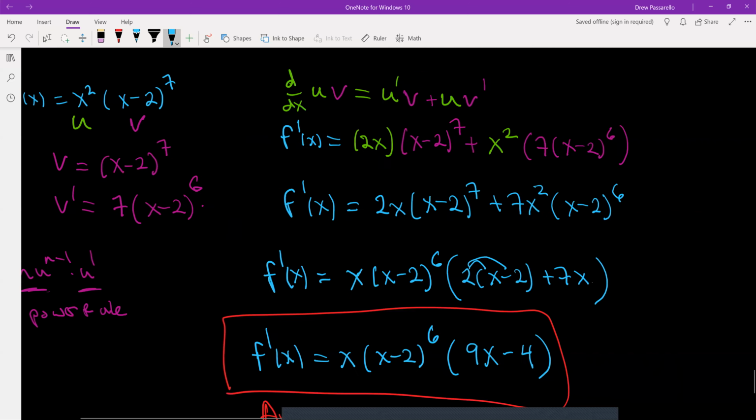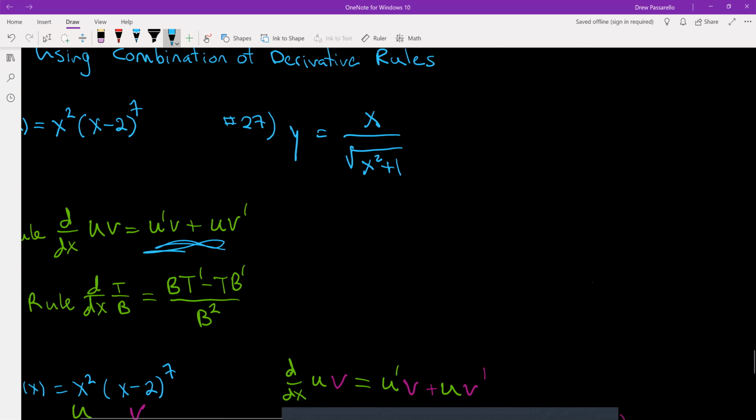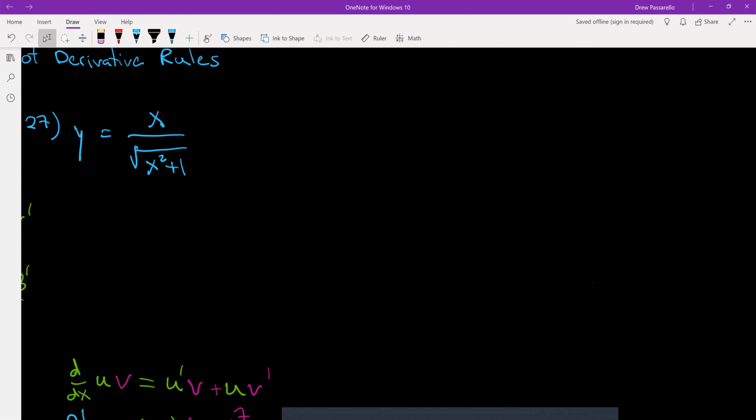The next one, number 27. I would write it as y equals x over the square root of x squared plus 1, and instead of the square root, I'm going to write that as (x^2 + 1)^(1/2). There are two ways: you can use either the quotient rule or the product rule.